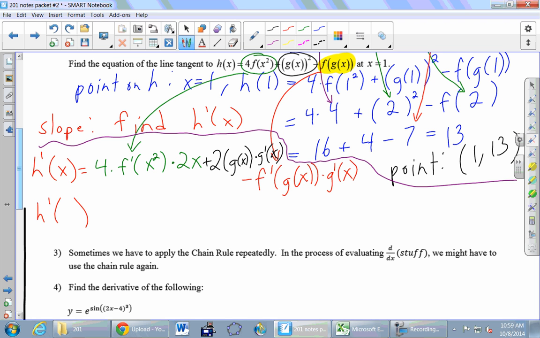What value of x are we plugging in? 1. So that means that all of the x's become 1s, and literally I would write them all and just copy this whole thing again, but all the x's become 1s.